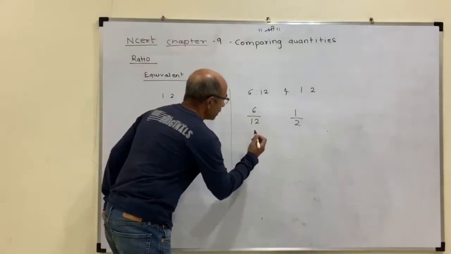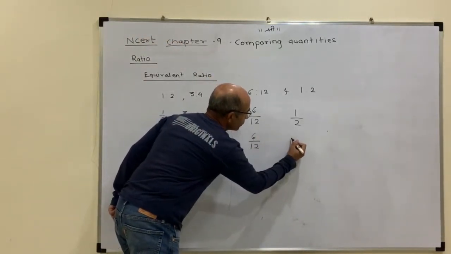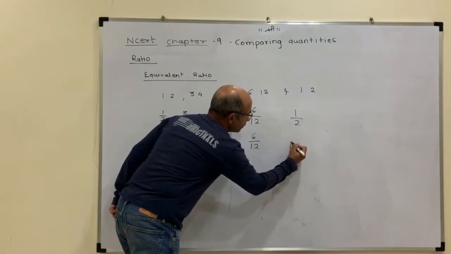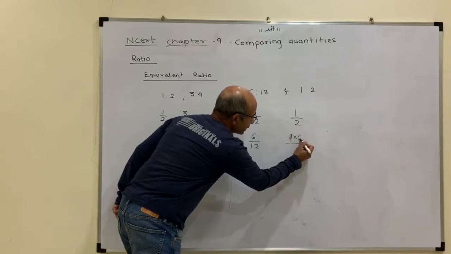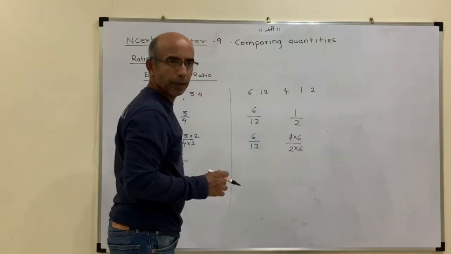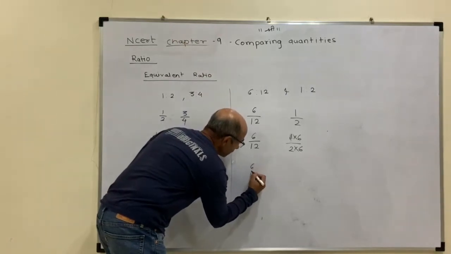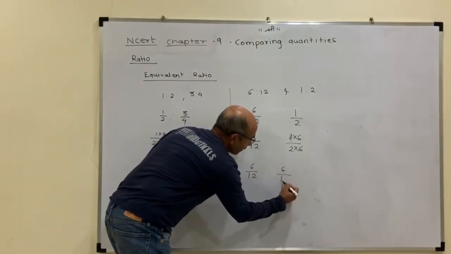So now 6 divided by 12, and then here 1 into 6 and 2 into 6. So now 6 divided by 12 equals 6 divided by 12.